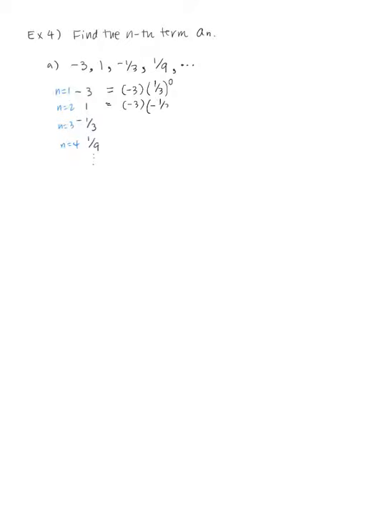So this is going to be -1/3 to the 1st. And the next one, I can write this as -3 times +1/3 to the 2nd. Does that work? Yeah, it does. And then here, -3 times -1/3 to the 3rd.